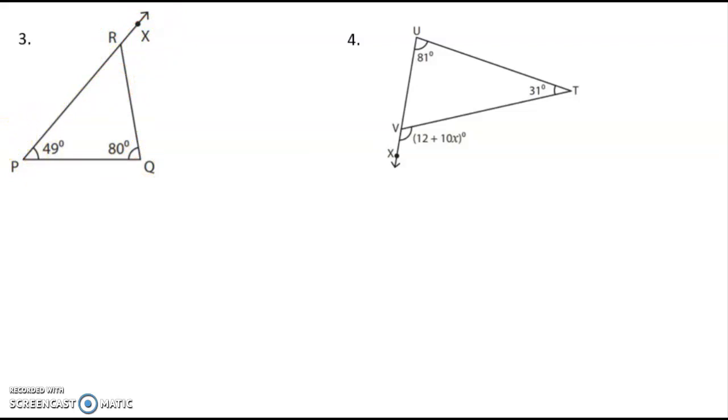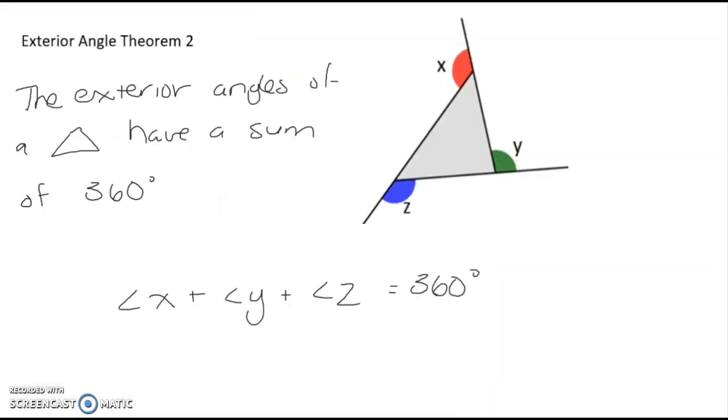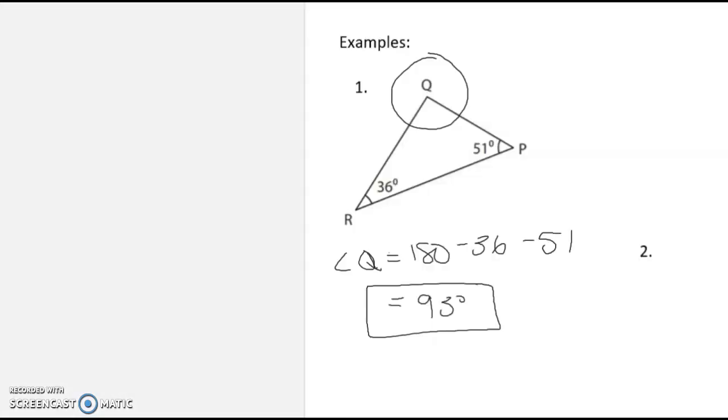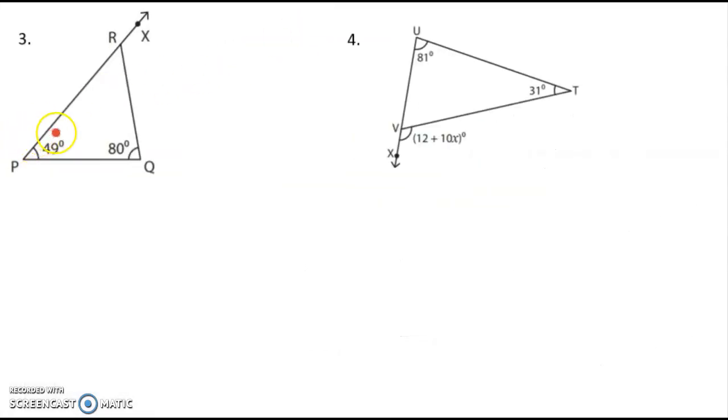So what we can do here is use the one formula from before: the exterior angle equals the two interior opposite angles added up, okay? So let's use that. We're going to add these two together. So angle X equals 49 plus 80. And when you add those two numbers up, you get 129 degrees.